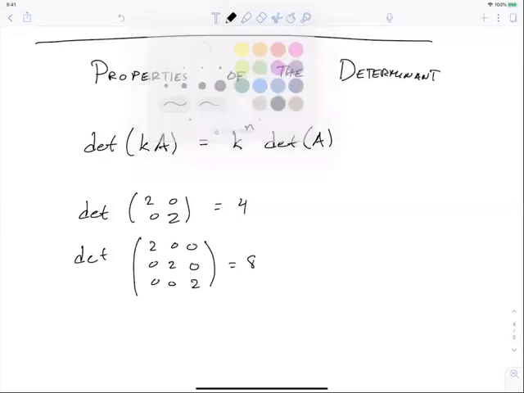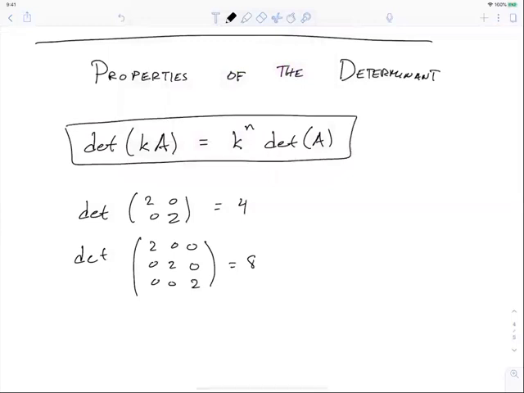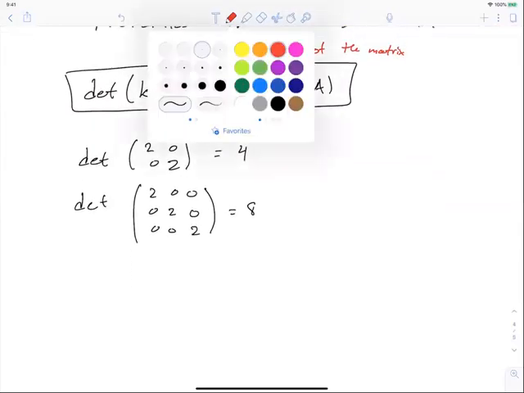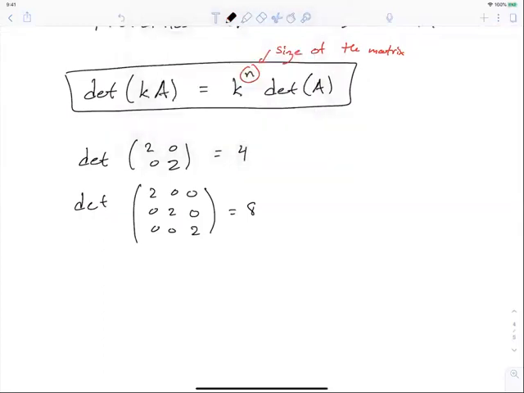And this n here is the size of your matrix. All right, so why is this true? We could use the formula, but let's provide an intuitive geometric explanation first.